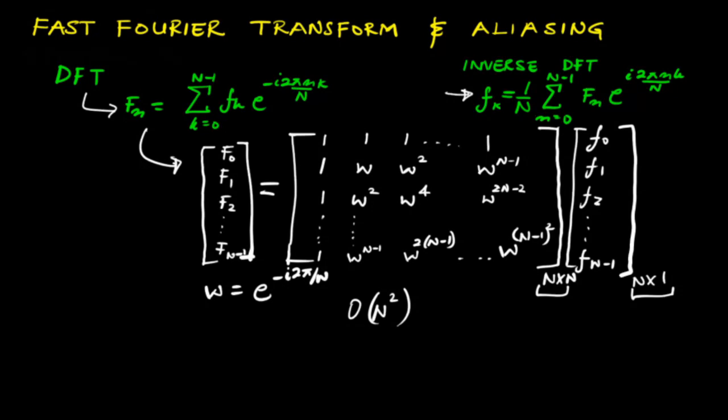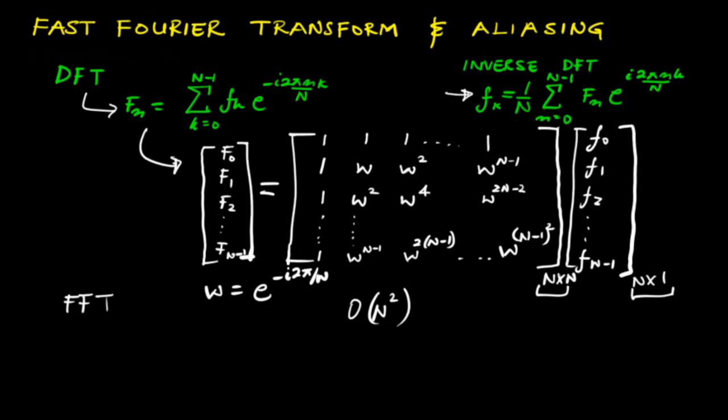But in practice, the DFT is not computed using this matrix multiplication, and there's a highly efficient algorithm called the fast Fourier transform, which we will call FFT.